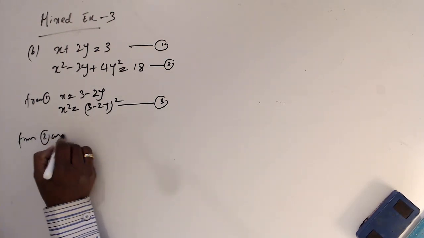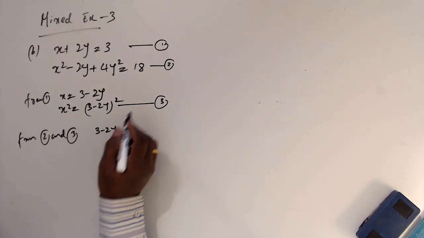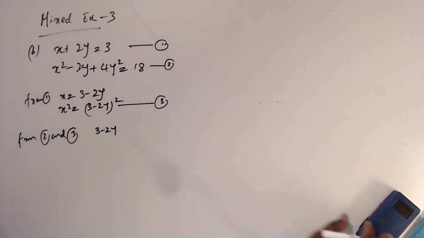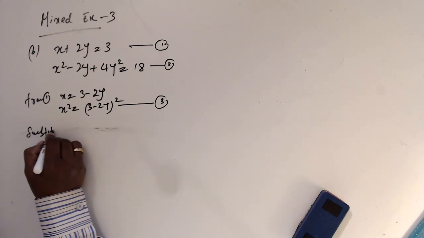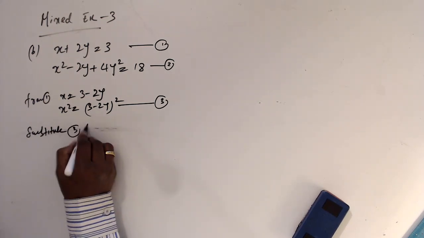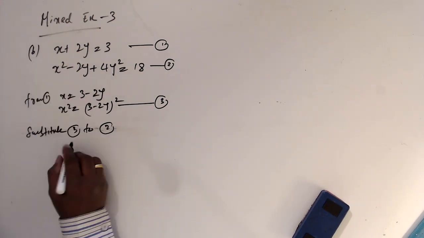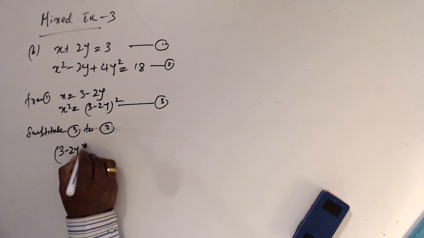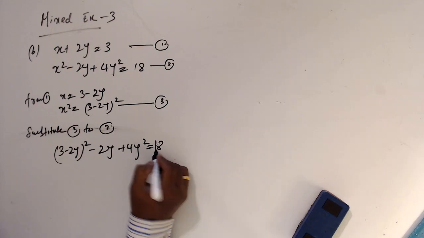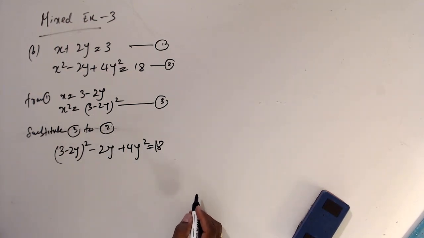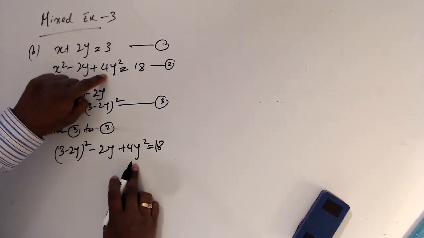From 2 and 3, substitute 4 into 2. So the x squared value is (3 minus 2y) squared minus 2y plus 4y squared equals 18.